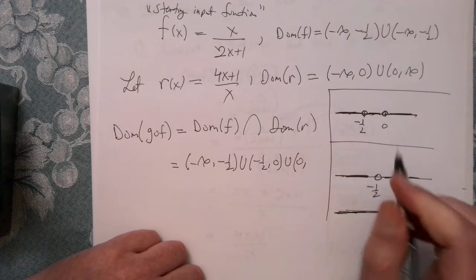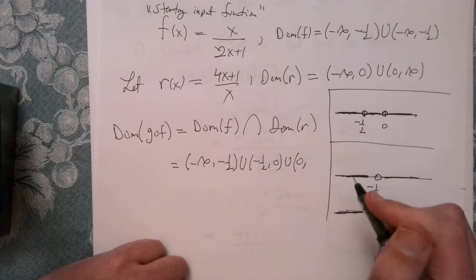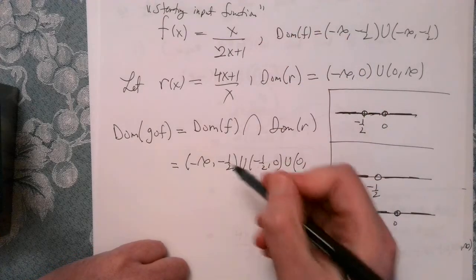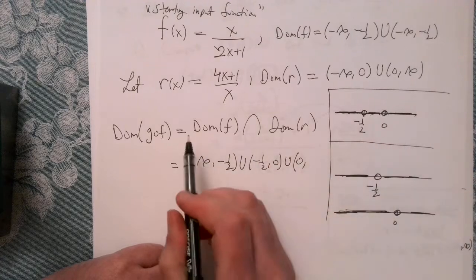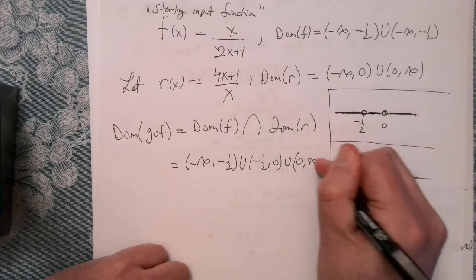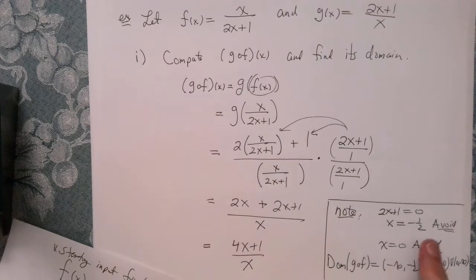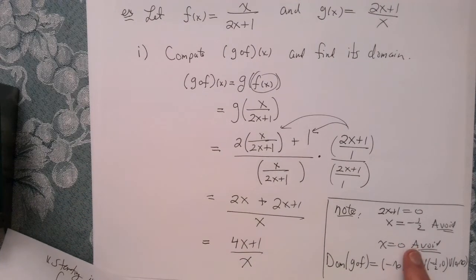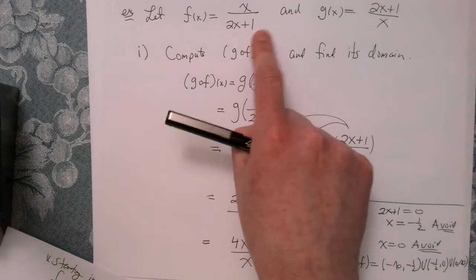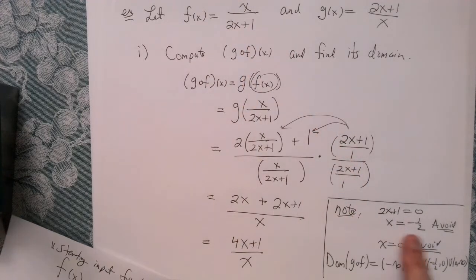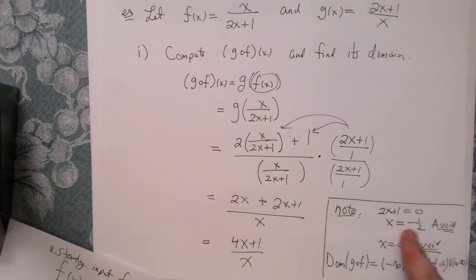And it makes sense because if I follow an element all the way through, it has to be defined in order to get to the last function. So I've got to have elements that keep the functions defined. So if x is minus 1/2, that's not good because my starting function says that's not in the domain. So that's not getting sent anywhere because it's not even in the starting function.